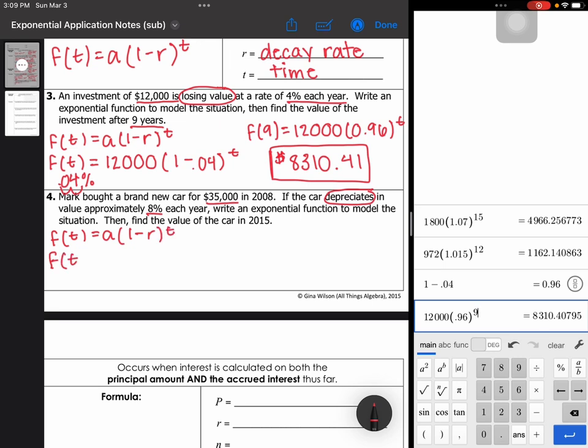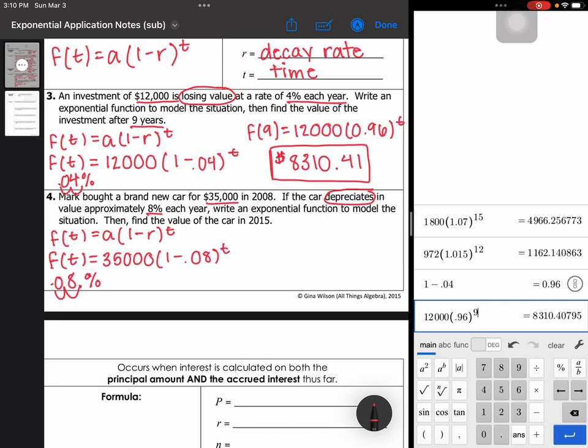Just by reading our question, we know that the initial value is $35,000, and then we're going to calculate our rate. So if we're at 8%, move the decimal place over twice, we get 0.08.